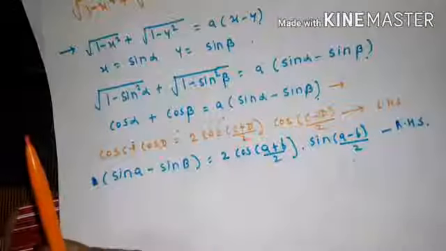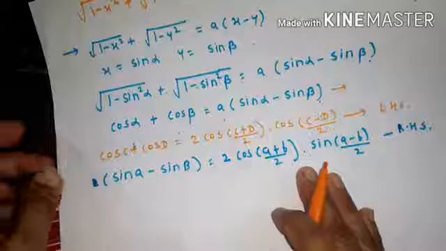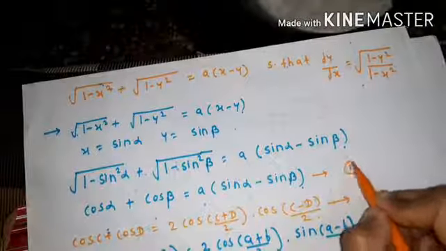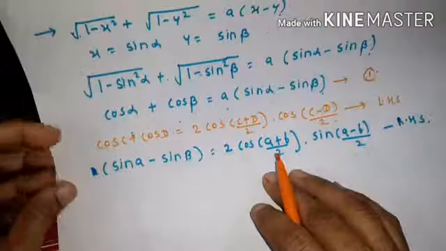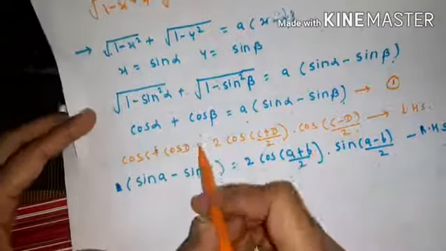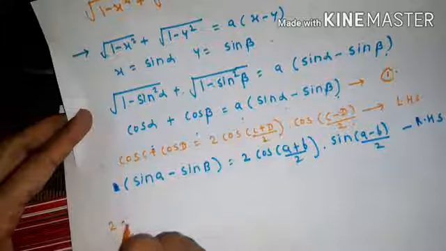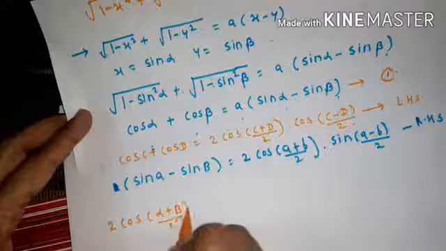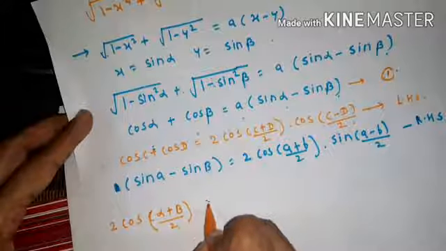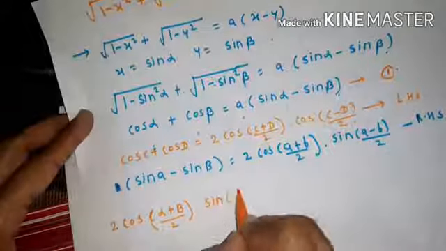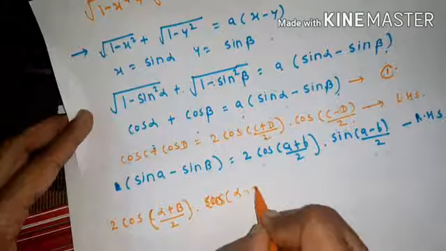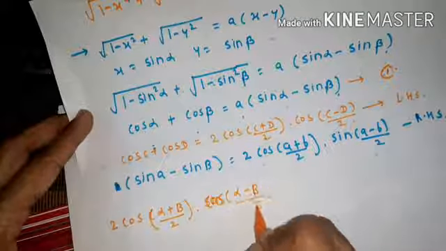Okay students, so therefore our equation 1 becomes cos alpha plus cos beta, that is 2 cos of (alpha plus beta) upon 2 into cos of (alpha minus beta) upon 2.